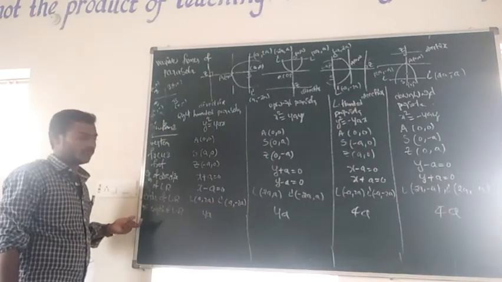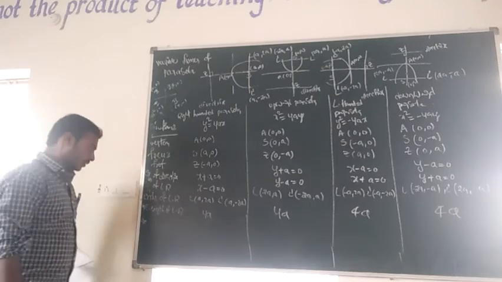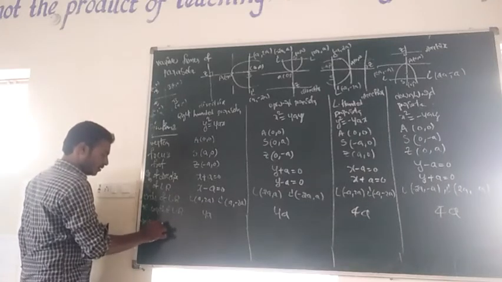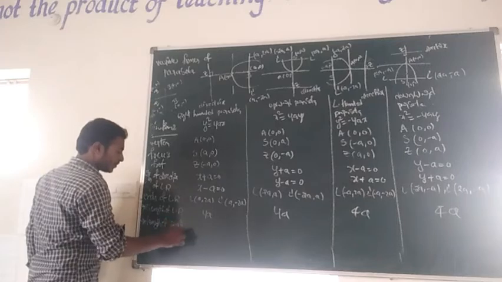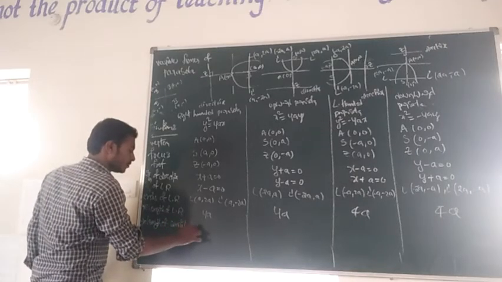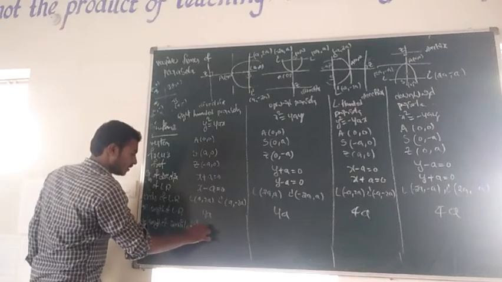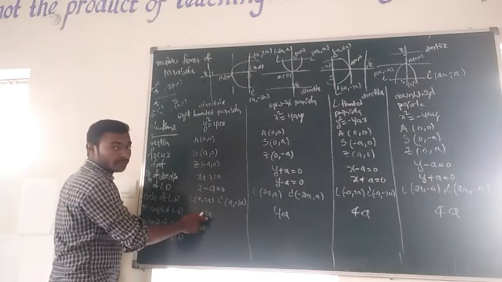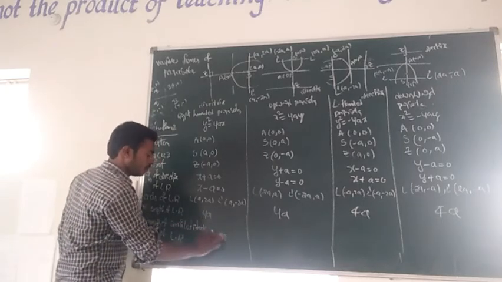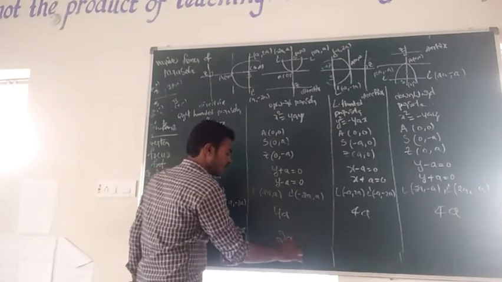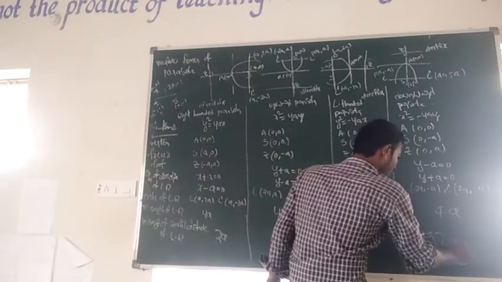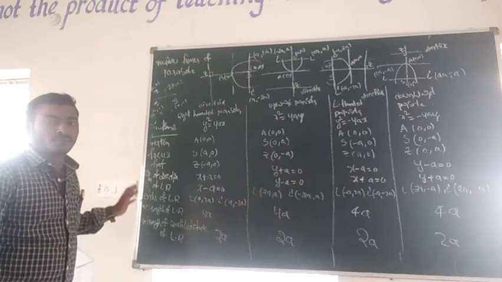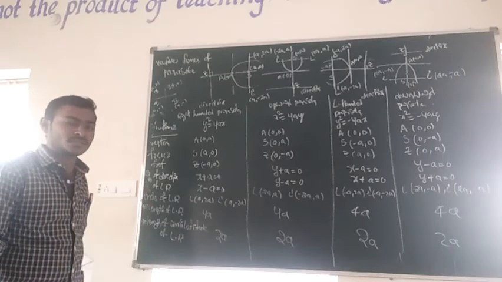These are the lengths of latus rectum. And the length of the semi-latus rectum is half of the length of latus rectum, which is 2a in each case. Okay, these are the various forms of the parabola.